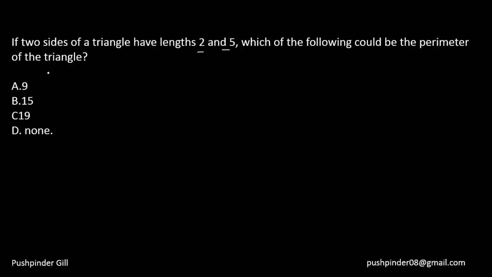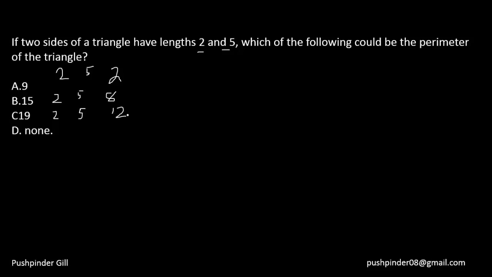If 9 is the perimeter, one side is 2 and one side is 5, the other side would be 2. Similarly, if 15 is the perimeter, the other side would be 8. Similarly, if it is 19, the other side would be 12.